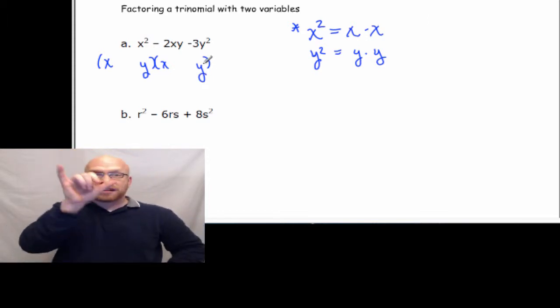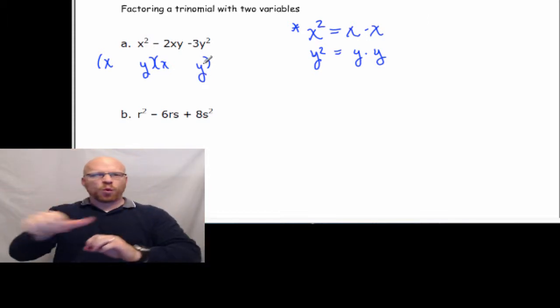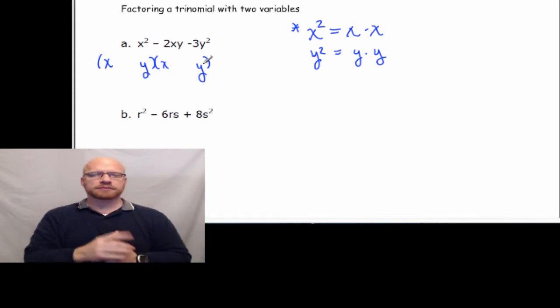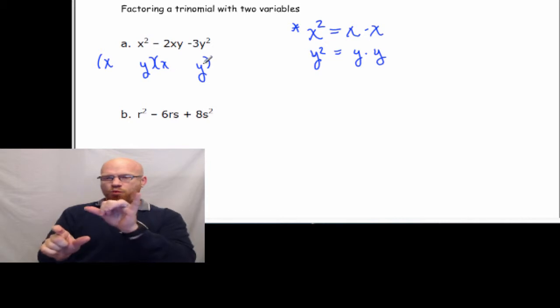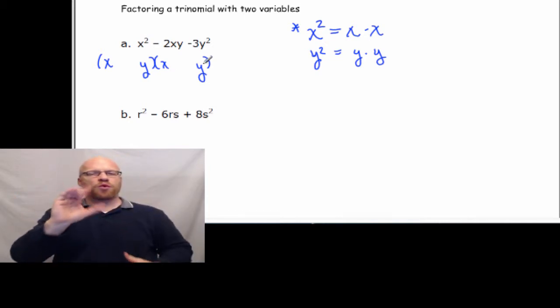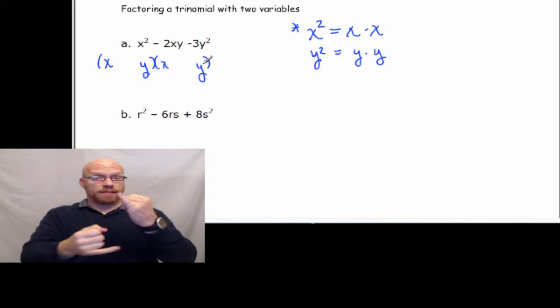Now our answer has to be in this form. X and y and x and y. X times x is x squared. Now our last term comes from the last two variables, y times y. So there's no other way we can do this. This has to be the form we use.